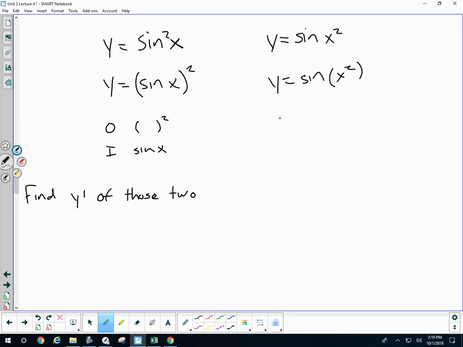The guy on the right, what is the outside? Sine of stuff. What is the inside? The x squared.